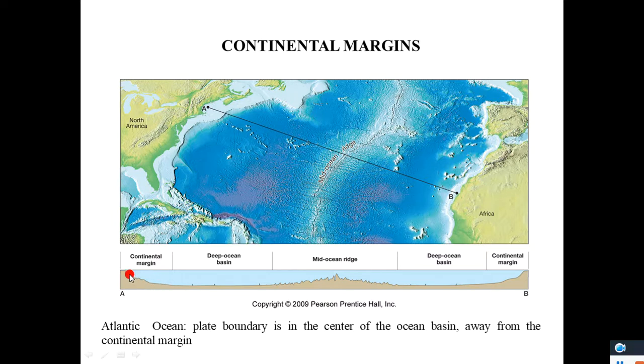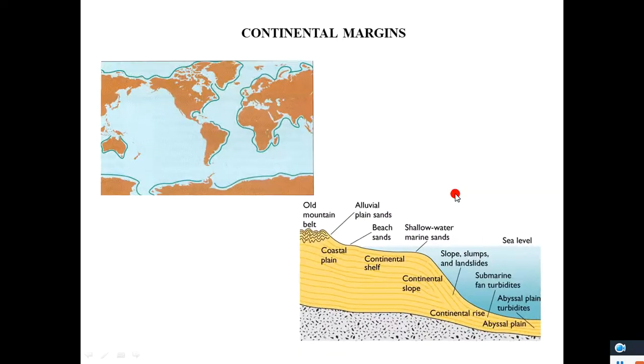Just after the continental rise, the continental margin ends and the deep ocean basin comes. Till here, shelf, slope, continental rise, this is the continental margin. Then comes the deep oceanic basin, then the mid-oceanic ridges, then again the deep ocean basin and the continental margin. So there are various continental margins.